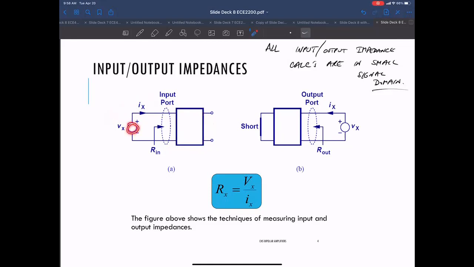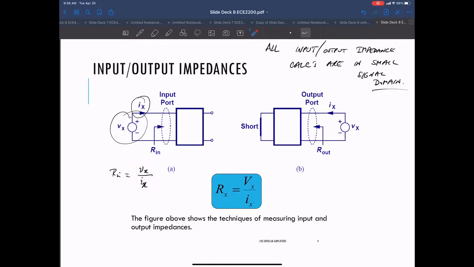You would get as perfect a voltage source as you can find, modulate the input, and measure the current going in. And the input resistance, R in, would be V sub X over I sub X. Again, in the lab, you would just measure the current for your input voltage, get that ratio, and that becomes your input resistance.